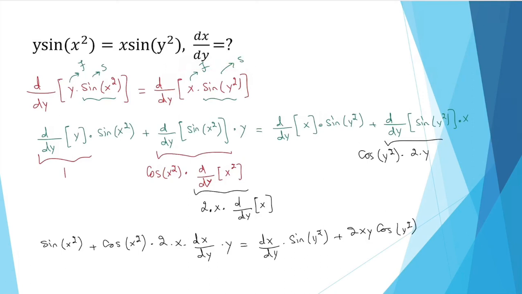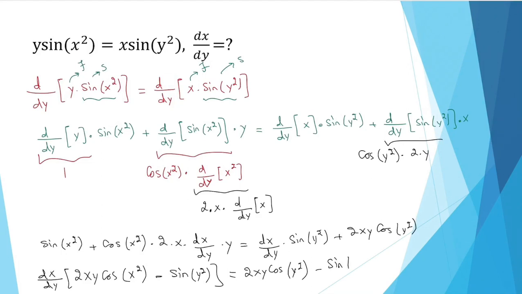We are looking for dx over dy, so I want this term to be next to this term on one side. So we'll get dx over dy times 2xy cosine x squared minus sine of y squared is equal to 2xy cosine y squared minus sine of x squared.